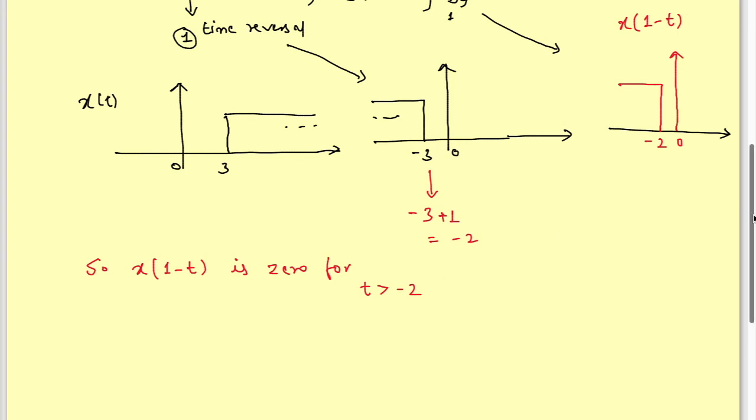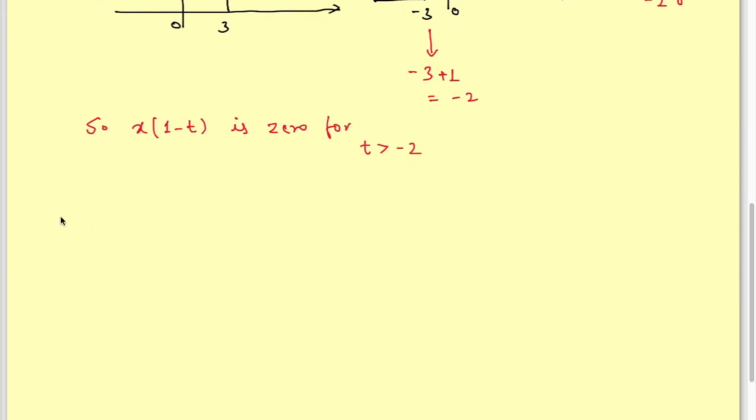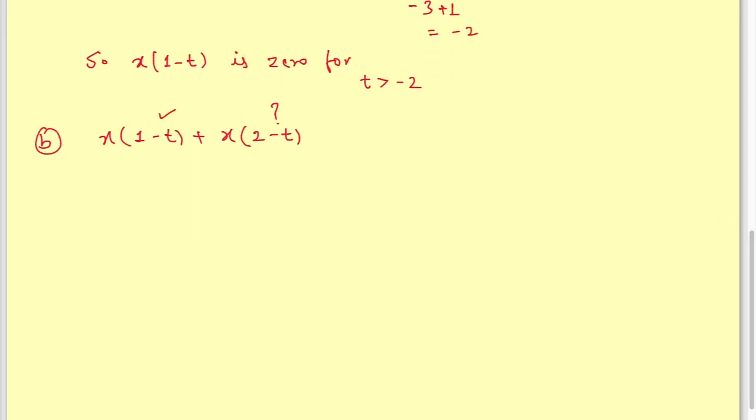Now moving towards the second question, that is b, x of 1 minus t plus x of 2 minus t. We have found out the first term. Now we need to find out this one. So x of 2 minus t can be written, by taking minus common out, as x of t minus 2.